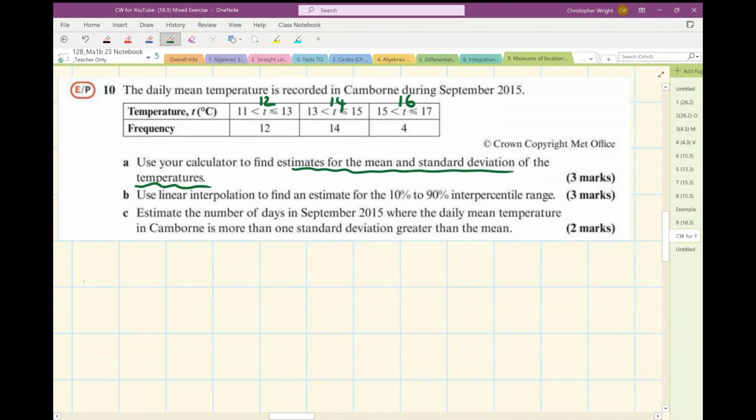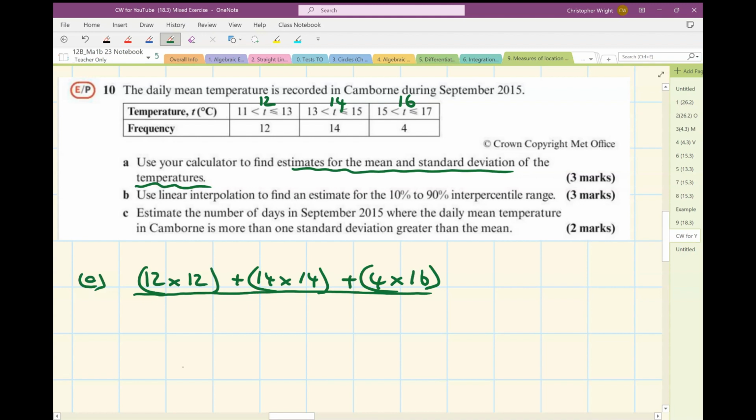Now, to find my estimate for the mean, I've got 12 days when the temperature was 12. I've got 14 days when the temperature was 14, assuming these midpoints, of course, and 4 days when the temperature was 16. So that's the total of all the temperatures. And to get the mean, I'll have to divide that by the number of days.